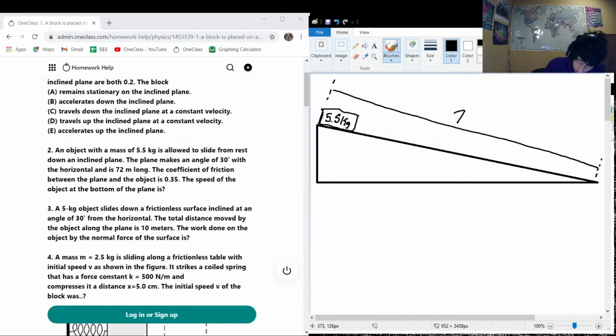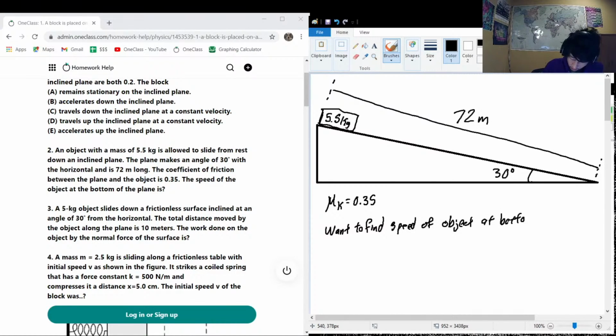We know that this angle has got to be 30 degrees. Another thing, they gave us the coefficient of friction. It's kinetic friction, because it is sliding, and it is 0.35. We want to find the speed of the object at the bottom.